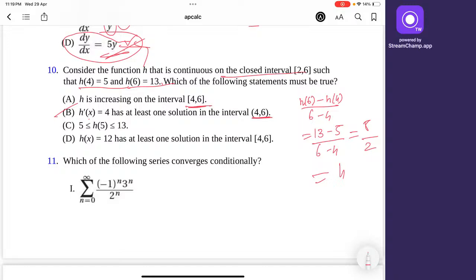And hence there exists a solution for h dash of x equal to 4 in the interval 4 to 6 by the mean value theorem. I would urge students to refer to the mean value theorem because there are multiple questions on it.